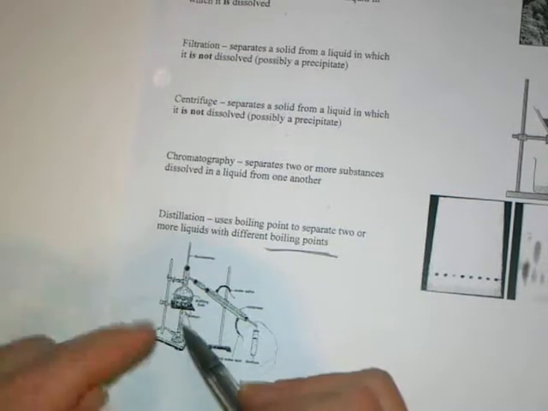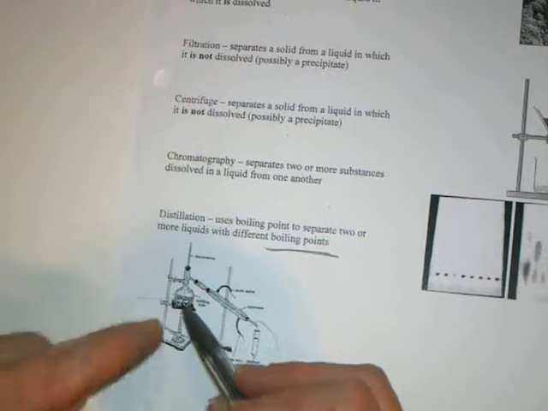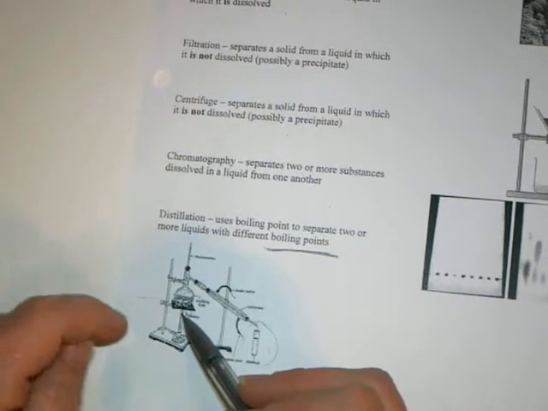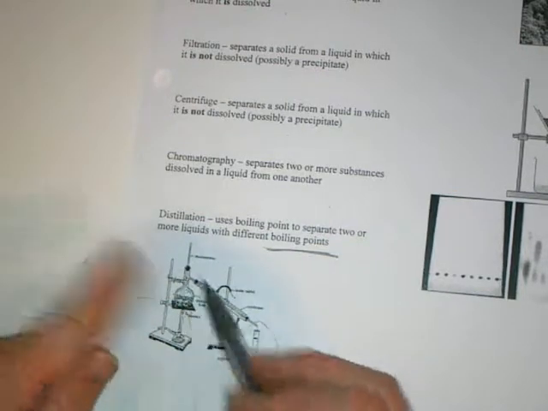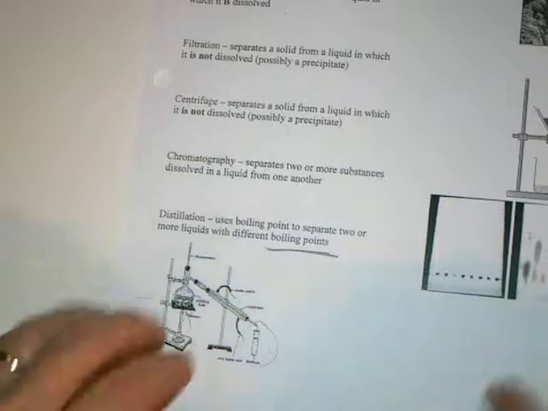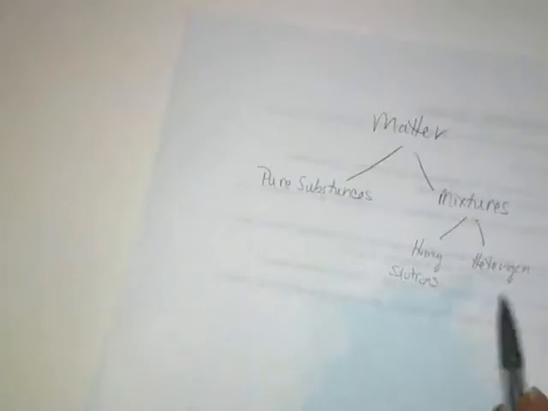You then would gradually warm to get to the next component's boiling point, collect that, and so on and so on. So these are some common examples. Zumdahl does a beautiful job within your textbook talking further about some of these. But those are the main ways in which we can physically separate the components of a mixture.